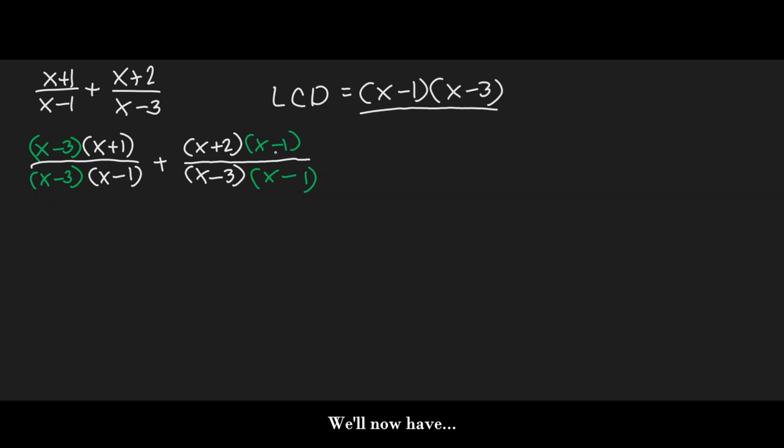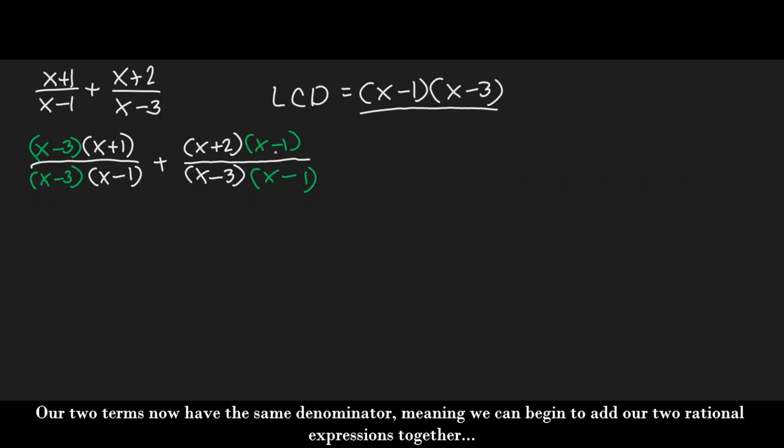We'll now have x minus 3 times x plus 1 divided by x minus 3 times x minus 1 plus x plus 2 times x minus 1 divided by x minus 3 times x minus 1. Our two terms now have the same denominator, meaning we can begin to add our two rational expressions together. x minus 3 times x plus 1 plus x plus 2 times x minus 1, all divided by x minus 3 times x minus 1.